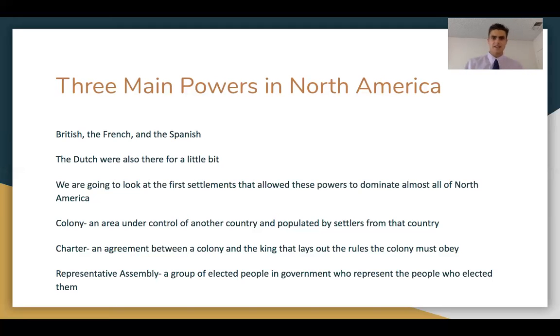The United States is a representative assembly, meaning the people don't vote on every single thing. They vote for elected officials, and those elected officials then run the government for them. Representative assembly.